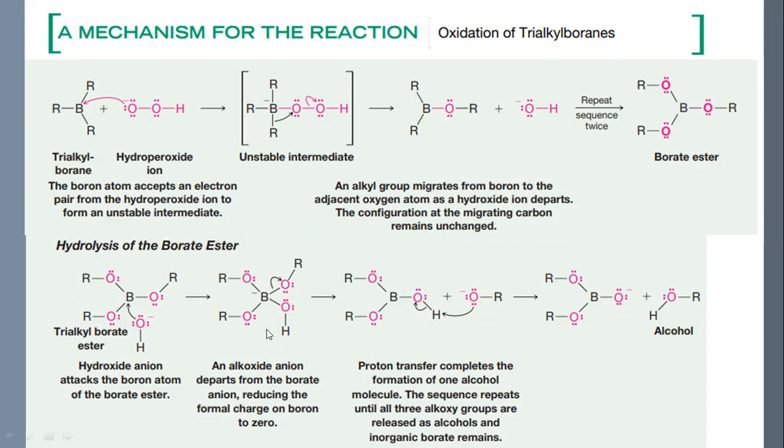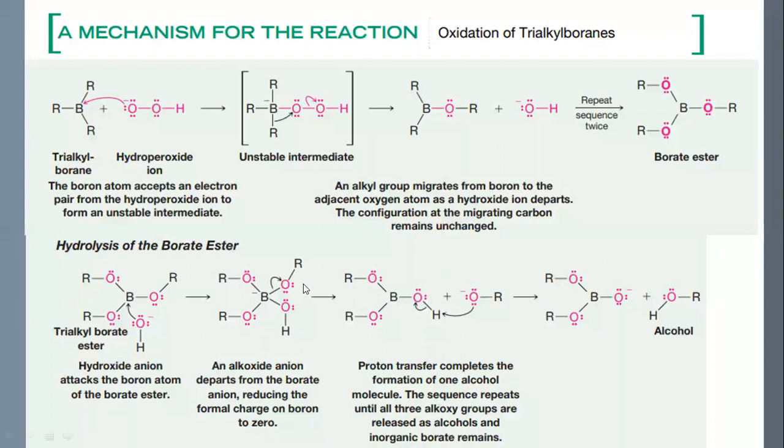So what will happen is that we will relieve the charge developed on boron by eliminating our OR so that it becomes BOH. So you will check here, why would the OR leave? Why would the OR leave and not the OH? Of course, it's the OH that will attack, but the OR is actually a better leaving group than the OH here.